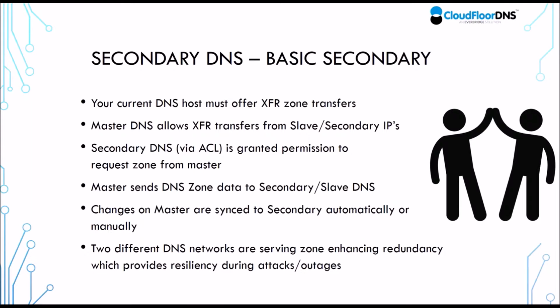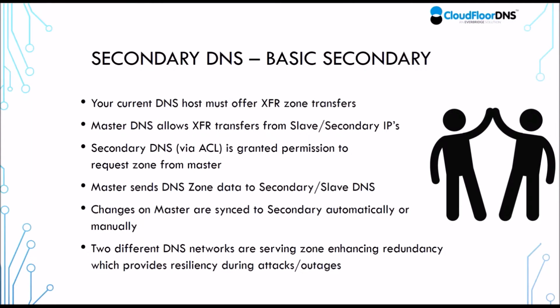So if you're using GoDaddy Basic, just domain control and not the premium, there's no secondary DNS options available to you. You have to upgrade to the premium service, and then you have XFR options available, and you can actually sync your DNS with somebody else. So master DNS allows the XFR transfers from the slave or secondary IPs. So when you first set this up, the secondary DNS is granted permission from the primary to actually go in and request the zone transfer from the master example.com server.